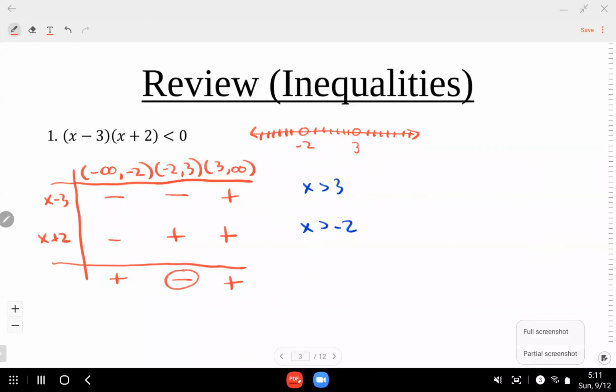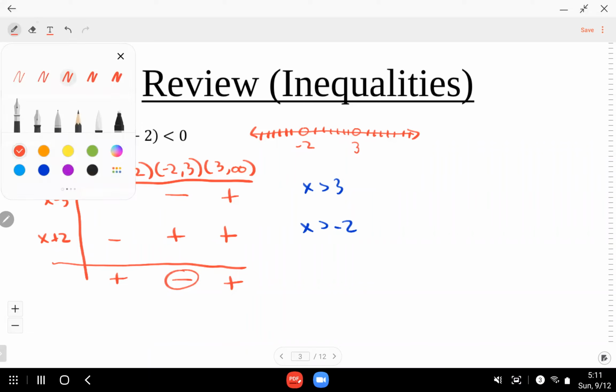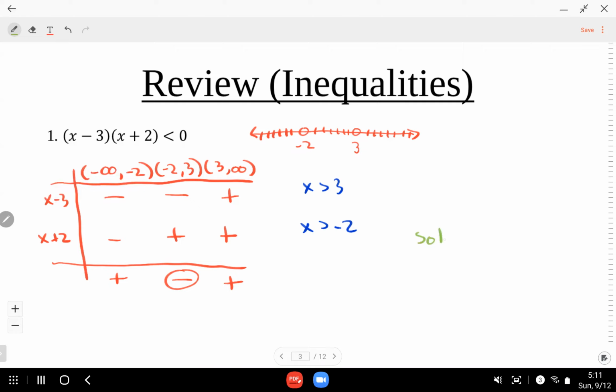So the solution would be negative 2 to 3. We're not going to use square brackets because it is strictly less than 0, so we use parentheses, which means that negative 2 and 3 are not included.